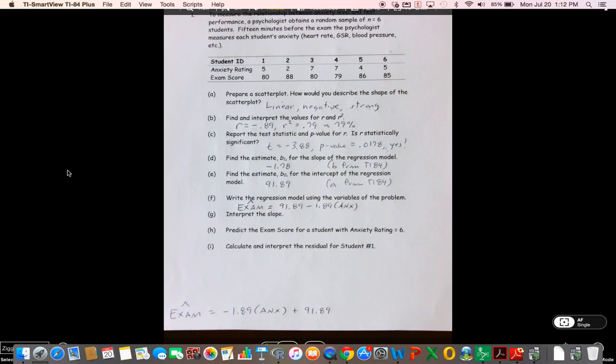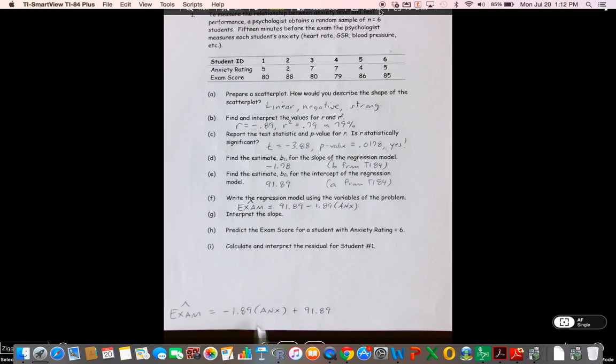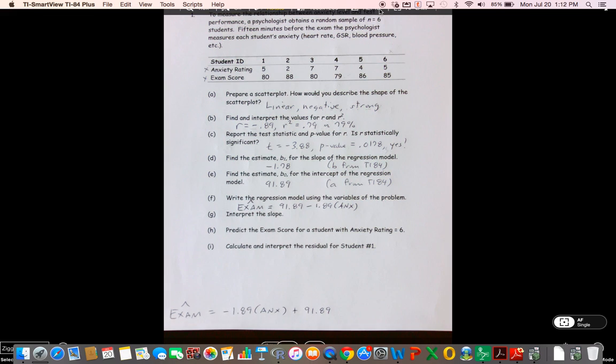Was that 91.89? For some reason, I'm second guessing myself on that. Yeah, it was. Okay. Keep in mind, what's important is that this negative 1.89 goes with your x. And our x in this case is anxiety. So it doesn't matter which is written first. It just matters that the slope goes with the variable that is our x.